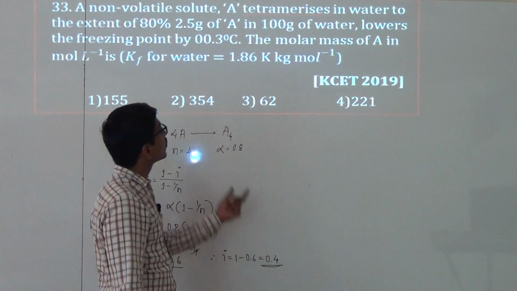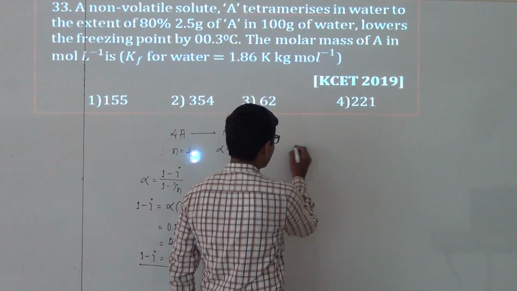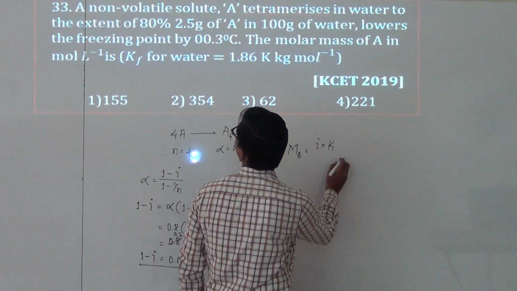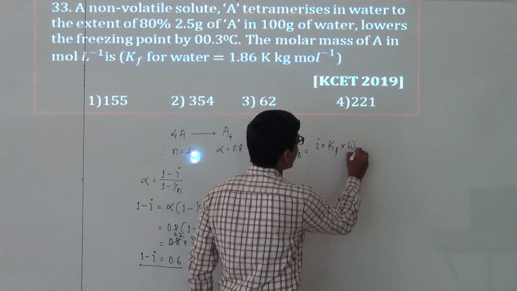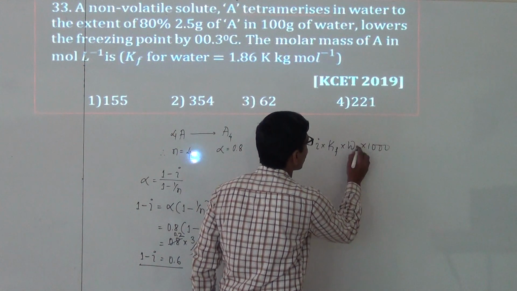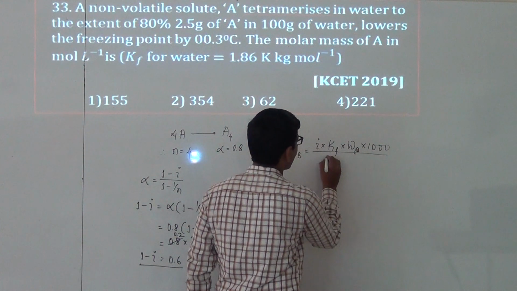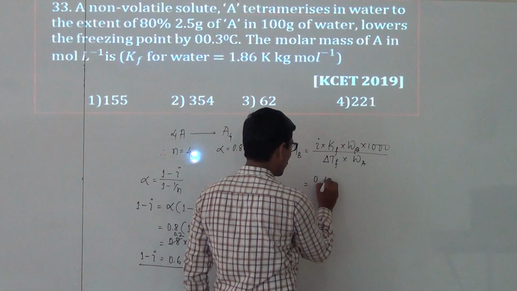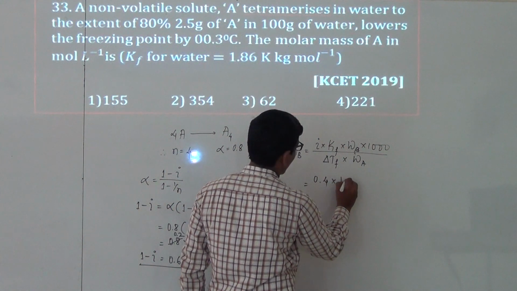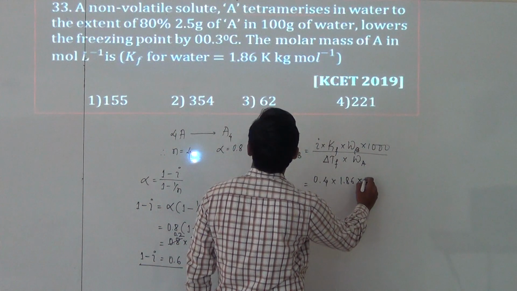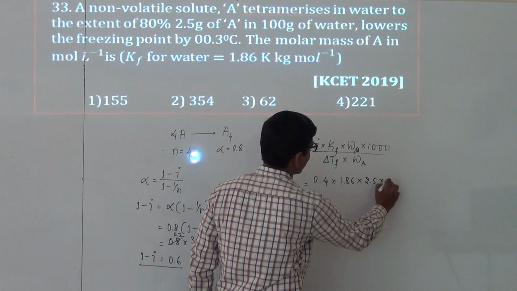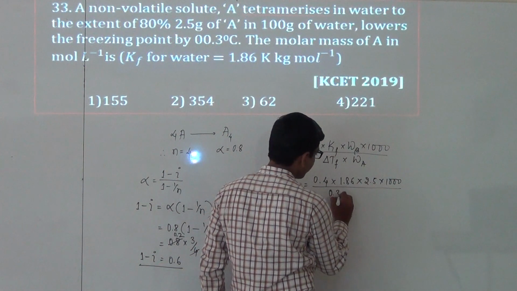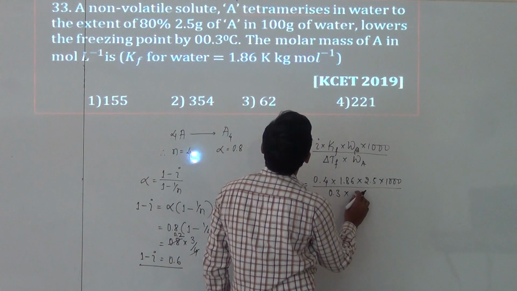From this van't Hoff factor we have to calculate the molar mass. The relation is MB is equal to i into KF into WB into 1000 divided by delta TF into WA. i is 0.4, KF value is 1.86, WB is 2.5 gram, divided by delta TF, which is 0.3, into WA, which is 100 gram.